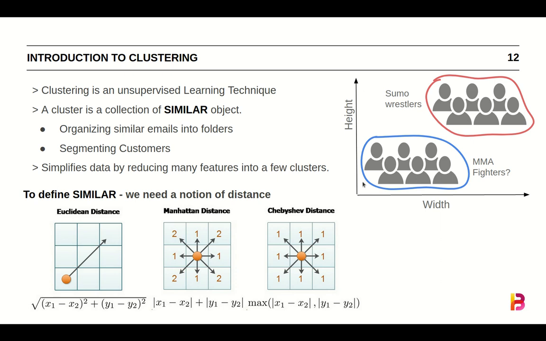In a two dimensional representation of the data set, it would be easier to visualize this. A bunch of points which are closer together than other points would be called a cluster. So imagine this just as a cloud of points which are more similar to each other than to other points.